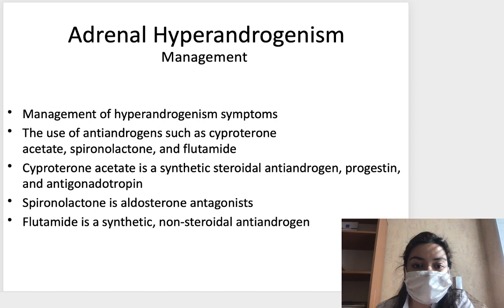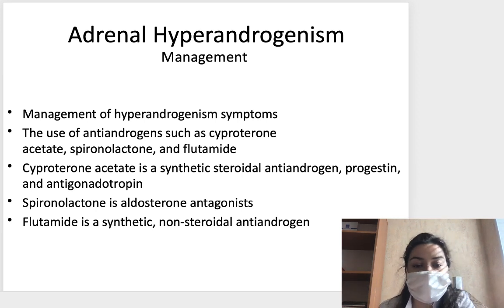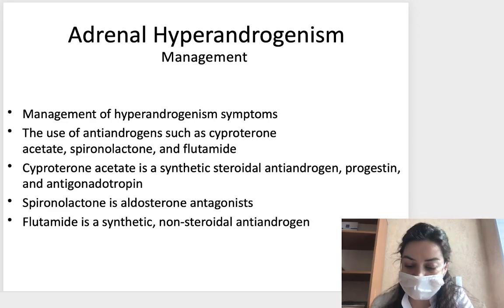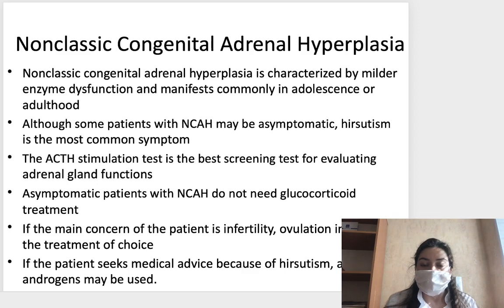Cyproterone acetate is a synthetic steroidal anti-androgen, progestin, and anti-gonadotropin. Spironolactone is an aldosterone antagonist, we discussed in a previous disease, and flutamide is a synthetic non-steroidal anti-androgen.